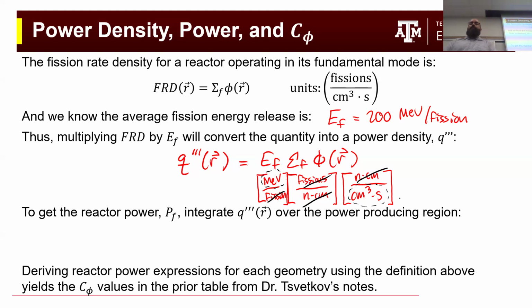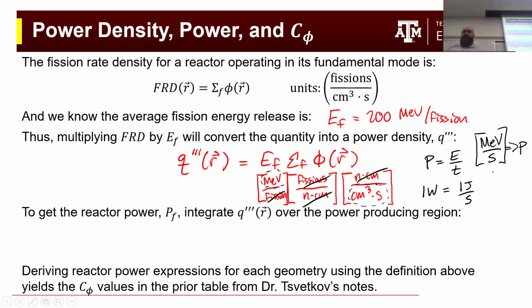And if you think about the definition of power, power is energy per time. Like 1 watt is 1 joule per second, and watts are the SI unit of power. So over here we have MeV per second, and MeV is also a unit of energy. So MeV per second is a unit of power.